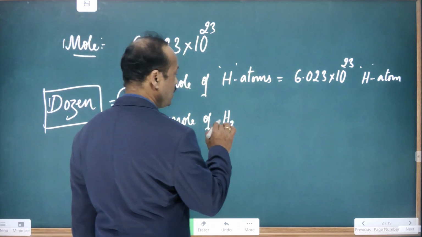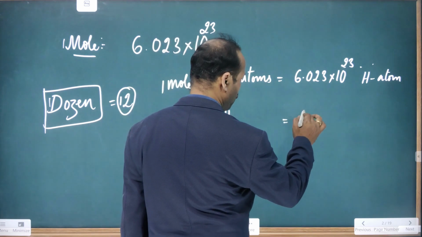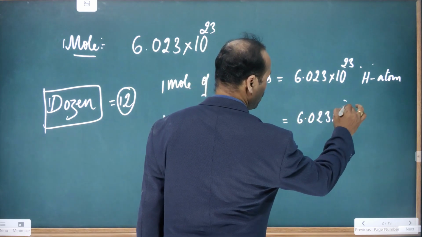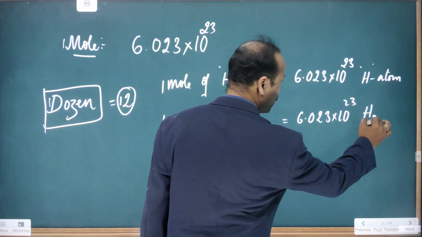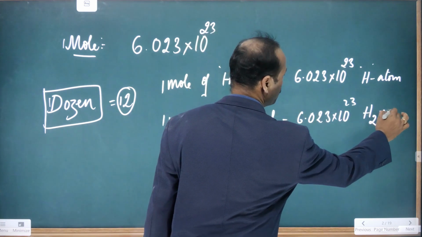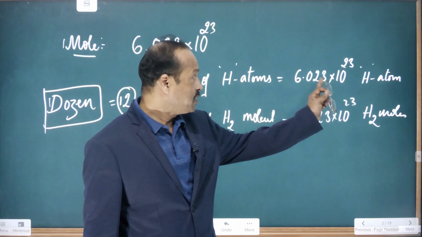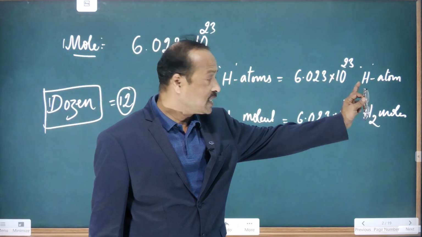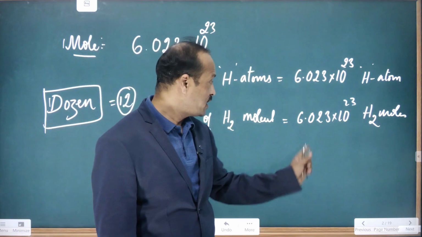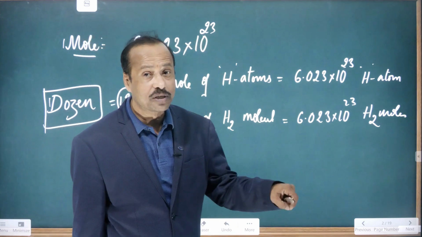So, 1 mole of hydrogen molecules means it consists of 6.023 into 10 to the power of 23 hydrogen molecules. So, 1 mole of hydrogen atoms means 6.023 into 10 to the power of 23 hydrogen atoms. 1 mole of hydrogen molecules means 6.023 into 10 to the power of 23 hydrogen molecules.